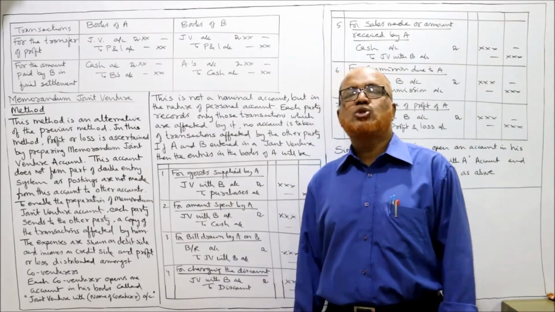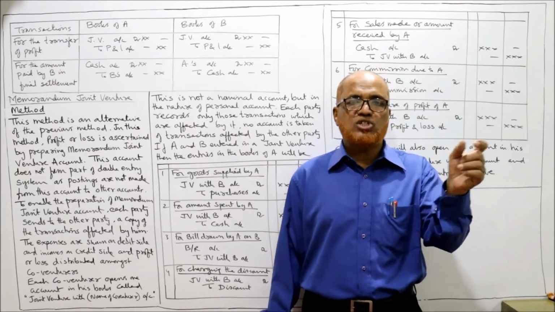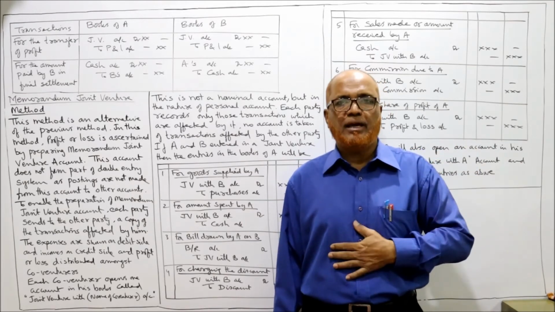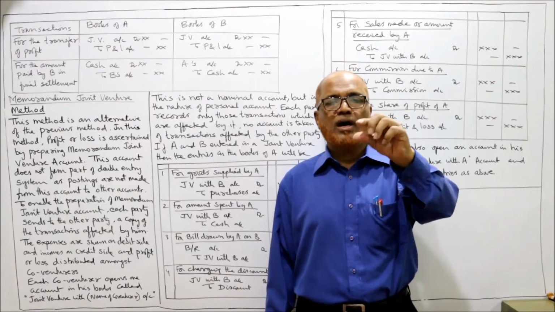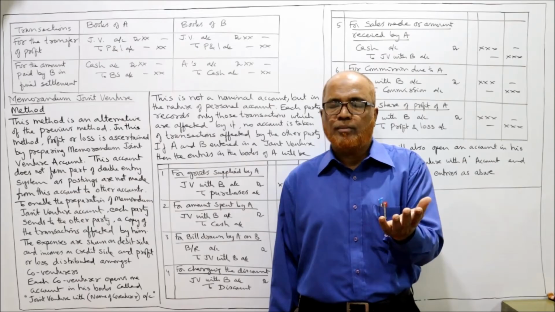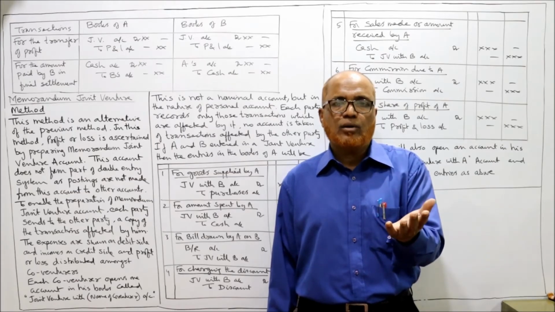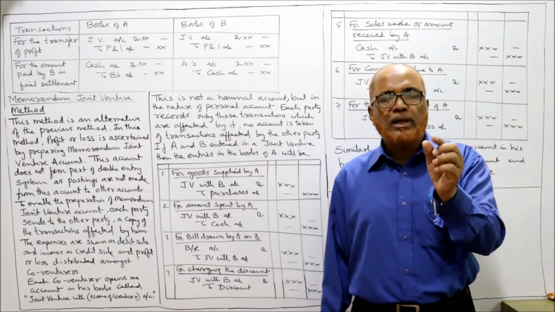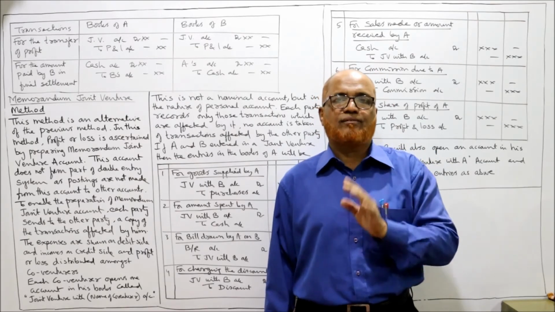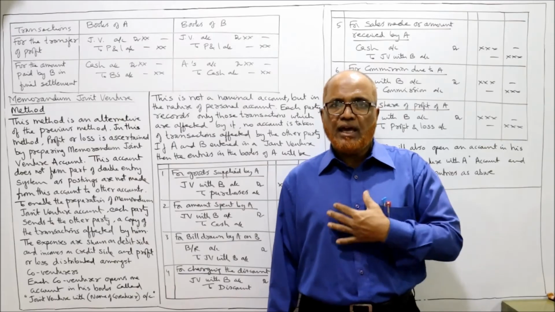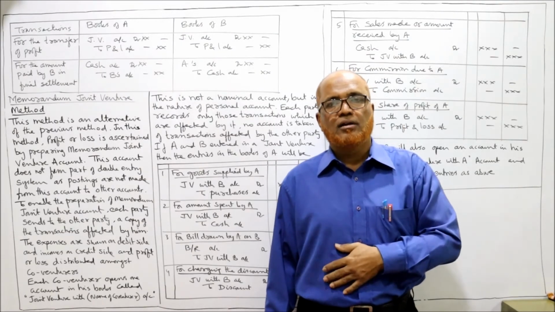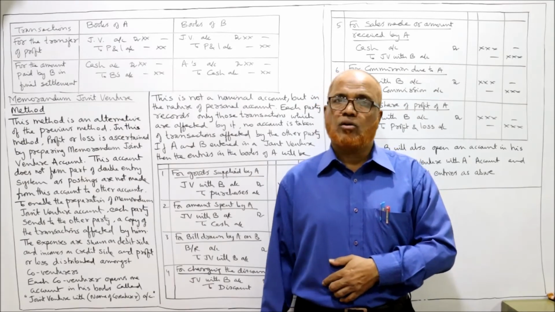Now this account we make, joint venture with co-venturer account, joint venture with B account. Suppose I am A, I will open the account joint venture with B account. So this account is a personal account, not a real account or nominal account. Now while making this account, only those transactions which are affected by the co-venturer himself, that only will be recorded. When A is making this account, only A's transactions will be recorded, B's transactions will not be recorded.